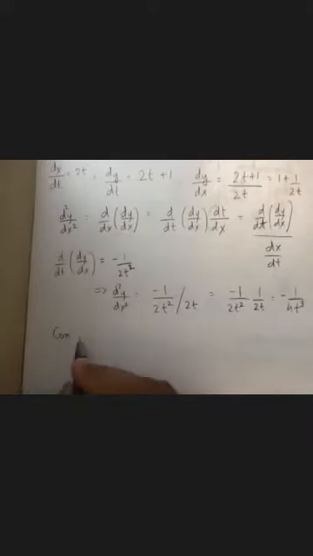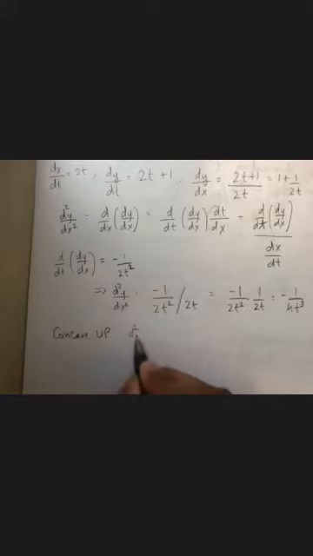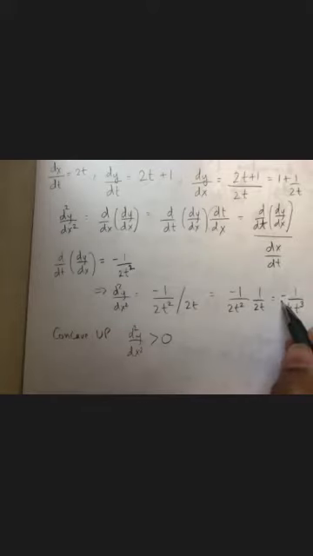Now we have to determine when this curve is concave upward. So concave up means the second derivative is positive, but second derivative has a negative in front of it and a t cube.